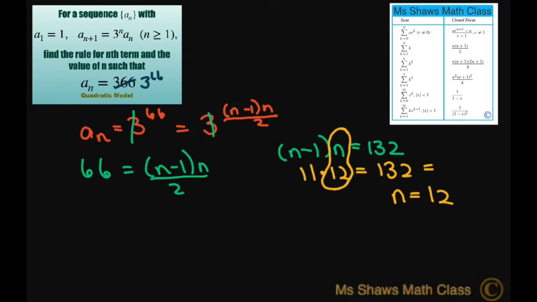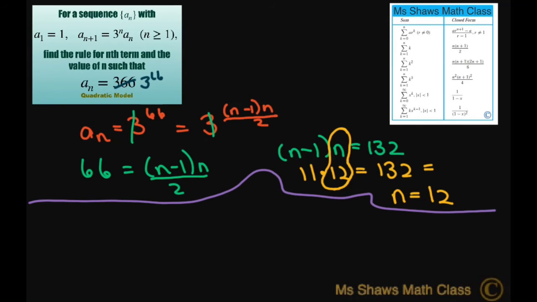Another approach that's a lot faster, I wanted to show you because that's where the quadratic formula comes in. Let's let a sub n equal 3 to the power of 0, 3 to the power of 1, 3 to the power of 3, and then 3 to the power of 6 and then 10.